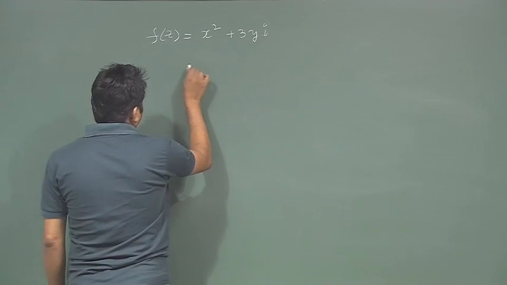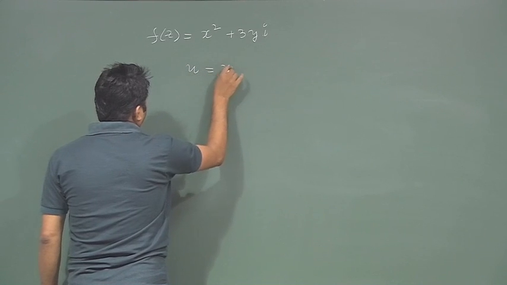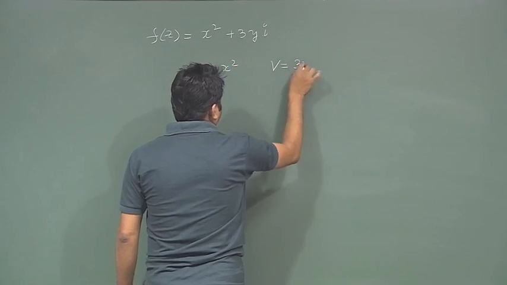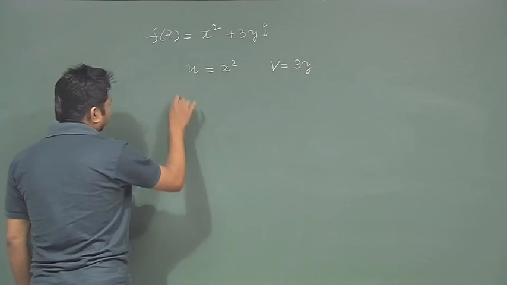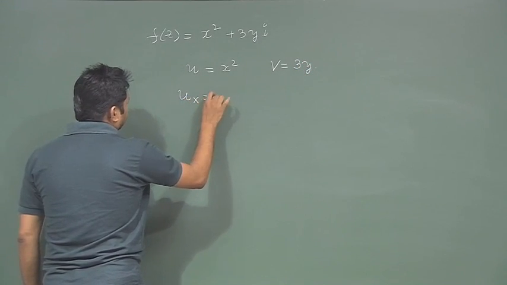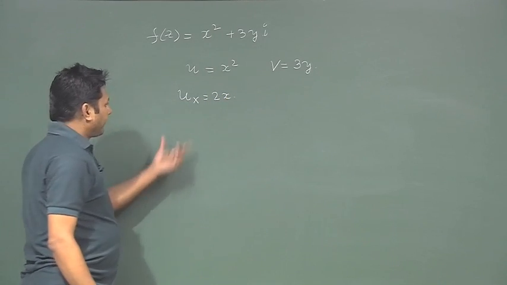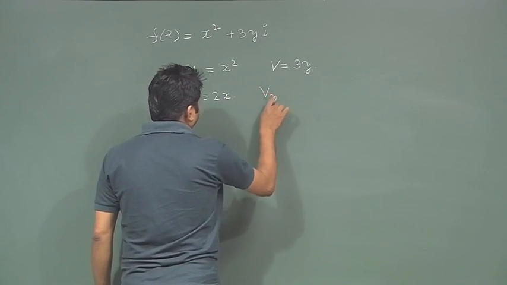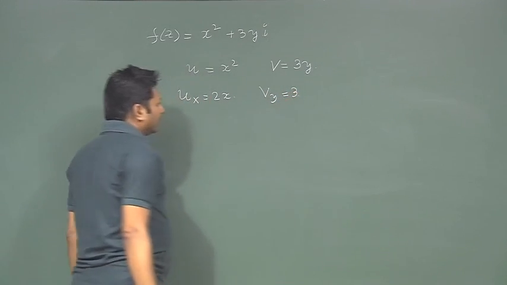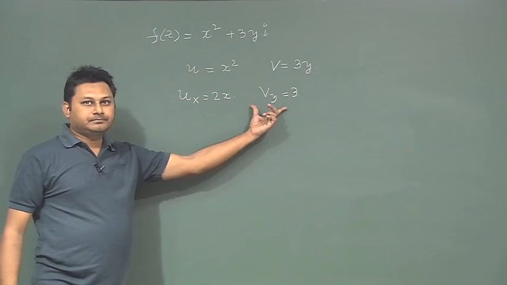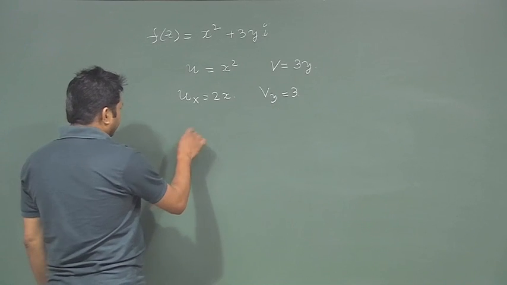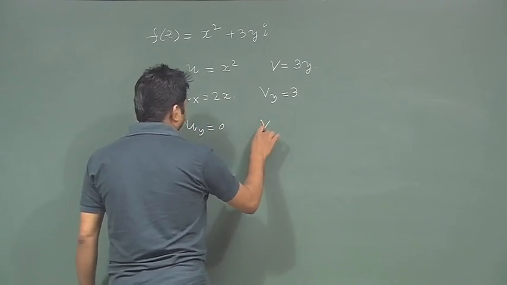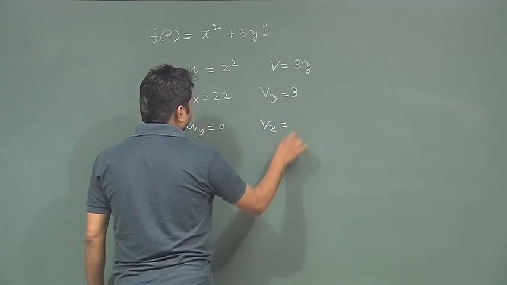For example, if I take u as x square, I am doing a similar kind of example so that you can understand: u_x is equal to 2x and v_y is equal to 3. Here u_y is equal to 0 and v_x is equal to 0.